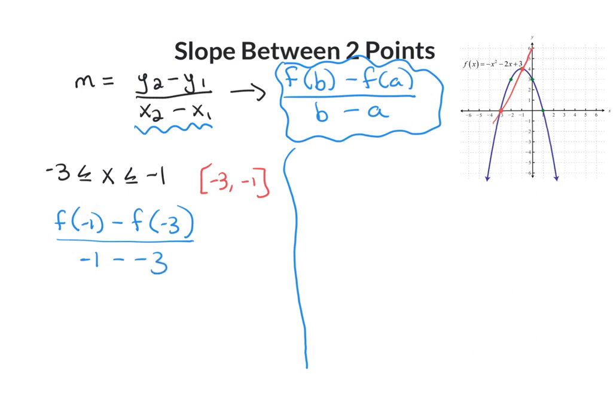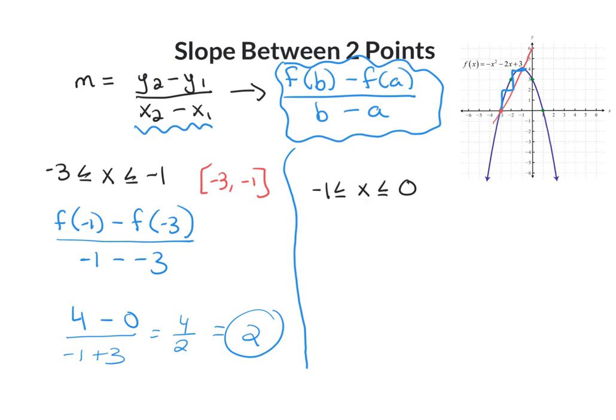Notice how these match up here and here. So f of -1 is 4, whether you plug it in or just look at your graph. 4 minus 0 over -1 plus 3, which is 4 over 2 equals 2. And this makes sense if we go back to Algebra 1, rise over run is just up 2 over 1.